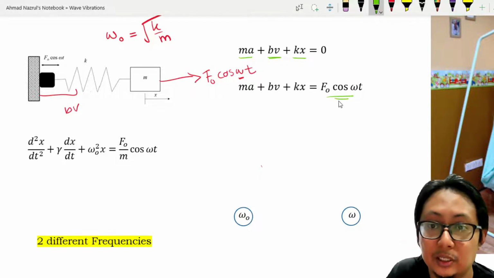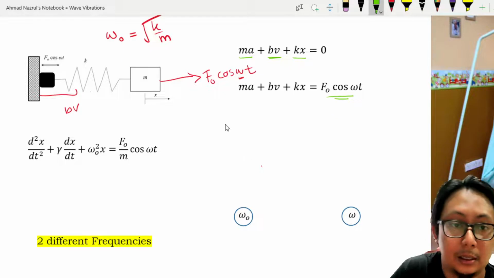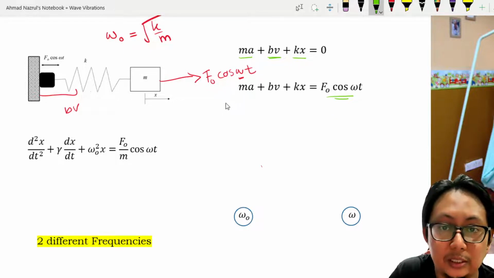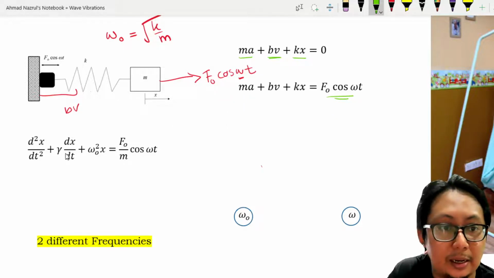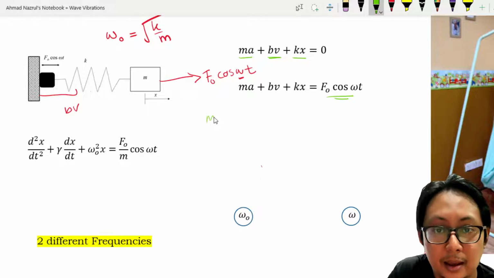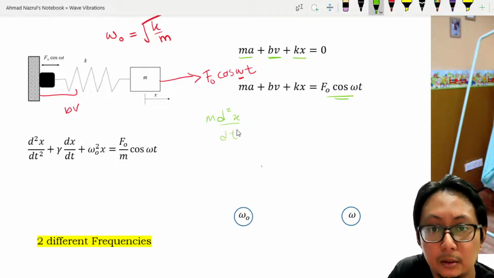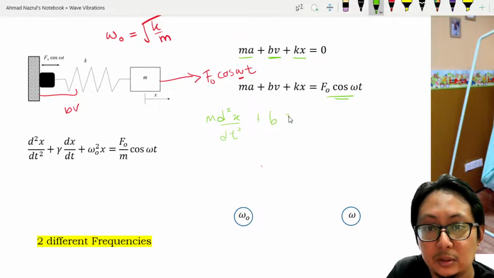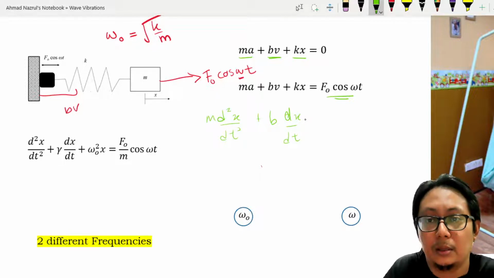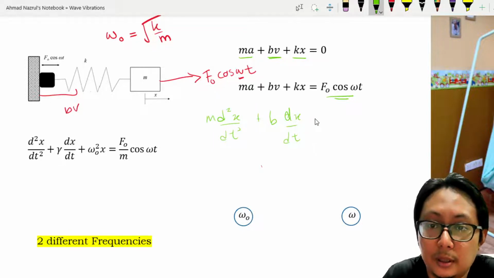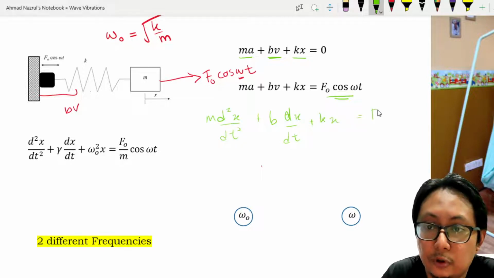So we have M d square x over dt square, plus b dx over dt, plus kx, equal to F naught cos omega T.